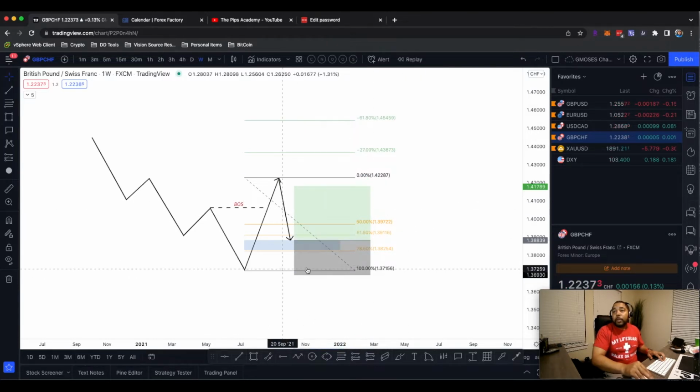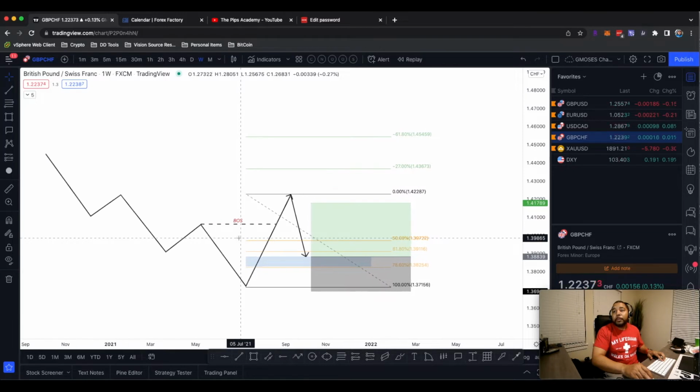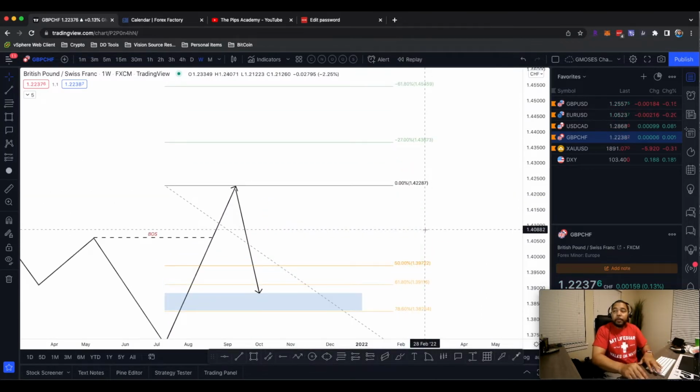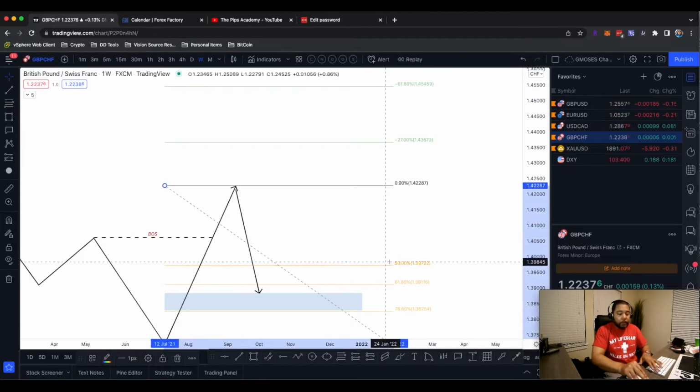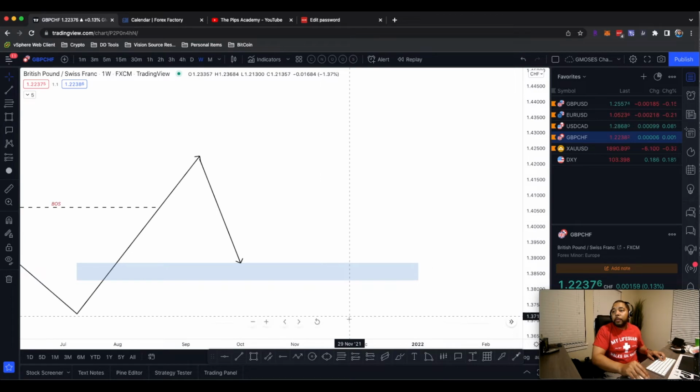Let's say you're trading the 4-hour time frame and you get a break of structure in this area. Once you get a break of structure, you decide to drop to the 15-minute.